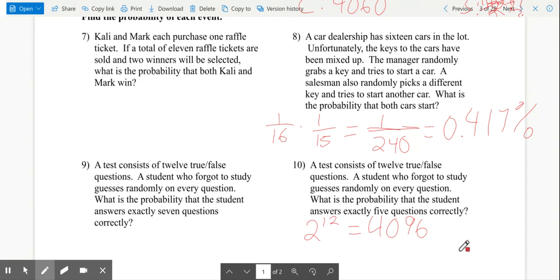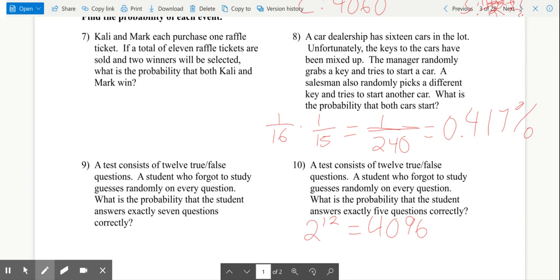Then we need to think about, okay, of those 4,096 ways that he could fill out this test, what are the possible ways in which he would have 5 correct answers?